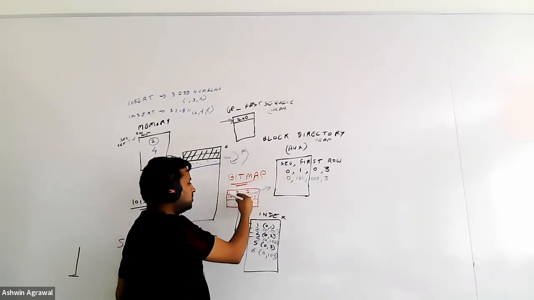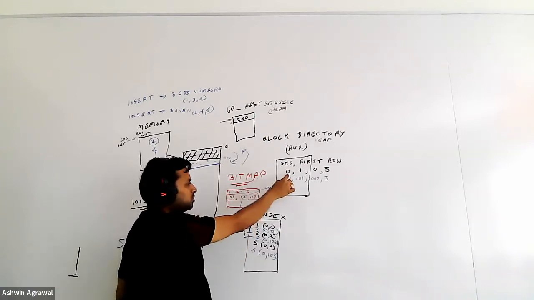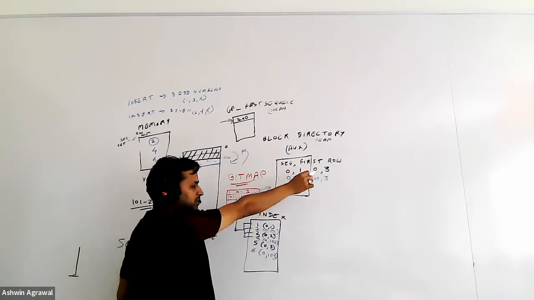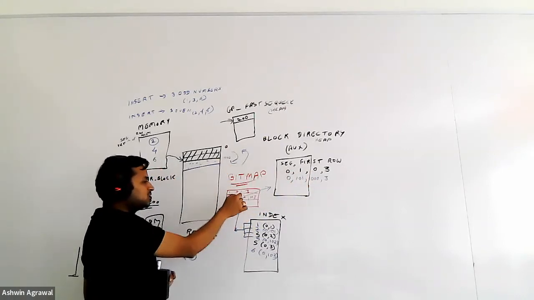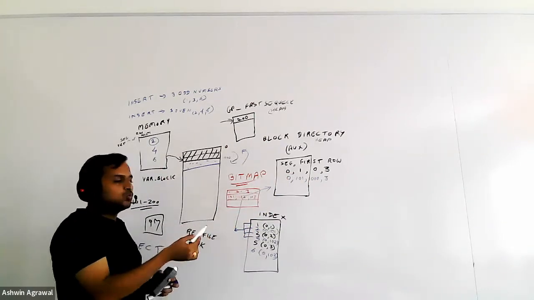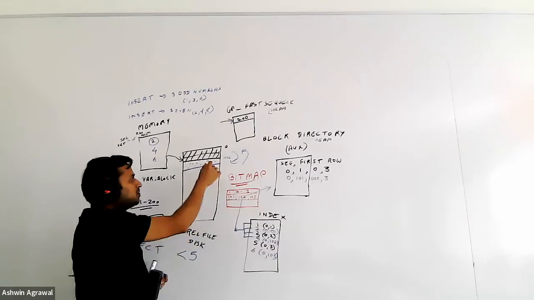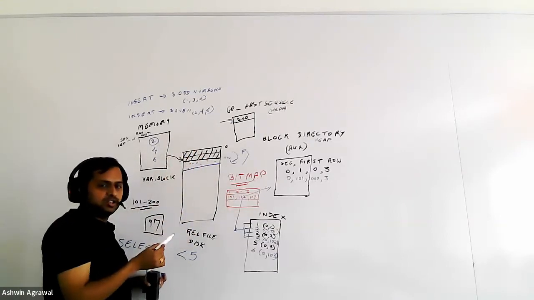Once you have created the bitmap, take one row, go to the segment, figure out the block directory entry, and read the block. The logic keeps returning the rows from the first block which satisfy the condition.